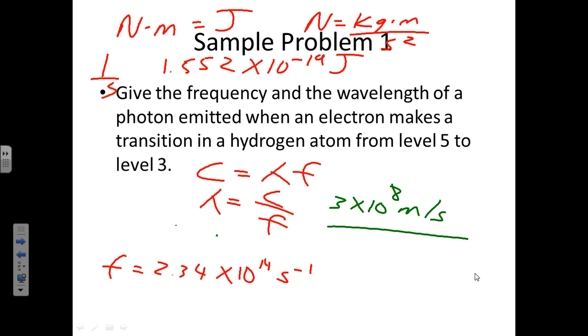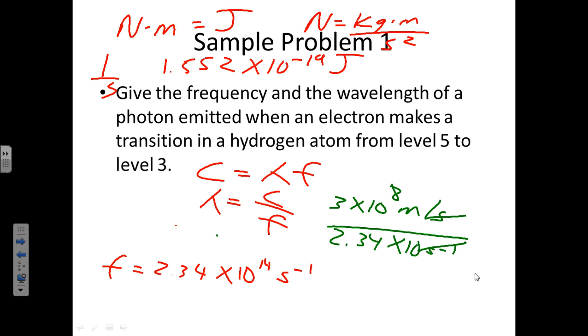And we're dividing that by the frequency, 2.34 times 10 to the 14th hertz. Those seconds are going to cancel. Makes sense because we're looking for wavelength, right? We ought to get something in meters.